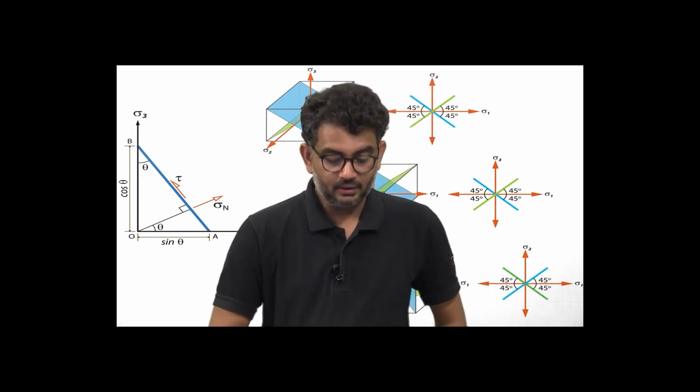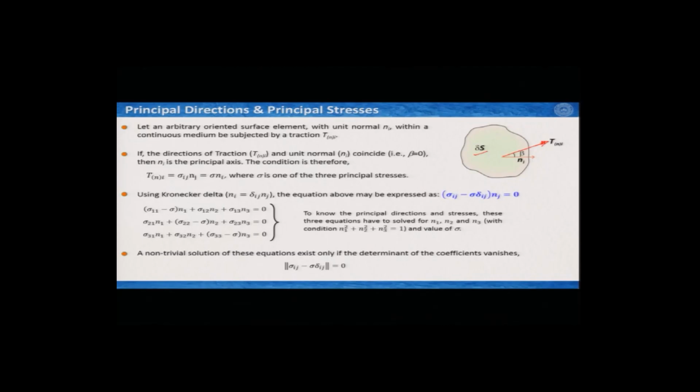But if that does not happen, then you have to figure out the orientations where your shear stresses are 0. That means where sigma is one of the principal stresses, and it must follow this convention that sigma ij must be replaced by sigma, and these 2 vectors switch their positions, that means Nj to Ni.